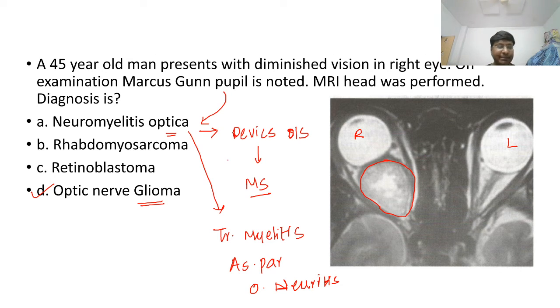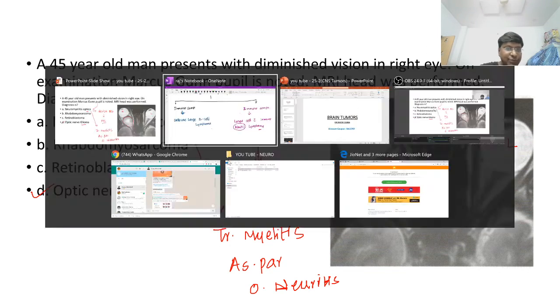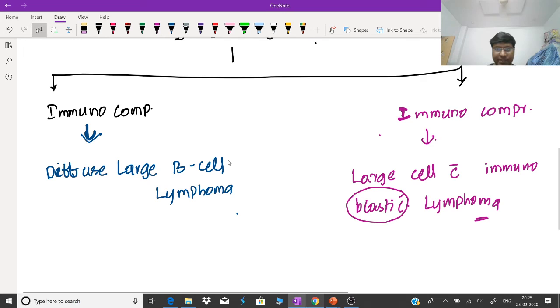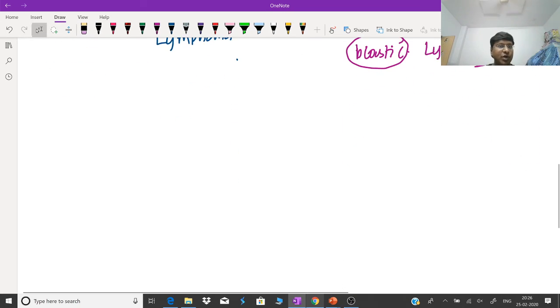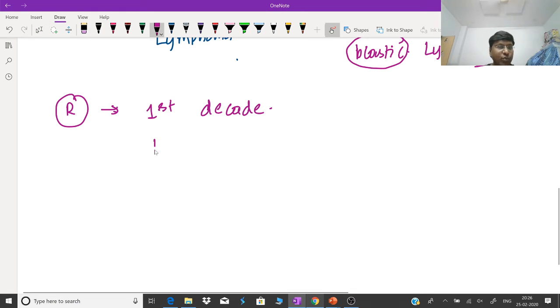Then coming to rhabdomyosarcoma, the second option, let me tell you what the presentation will be. Rhabdomyosarcoma usually presents in the first decade of life, and they present with proptosis.